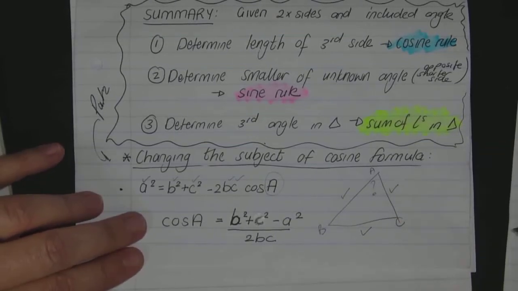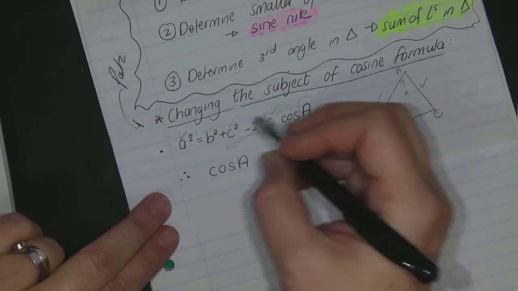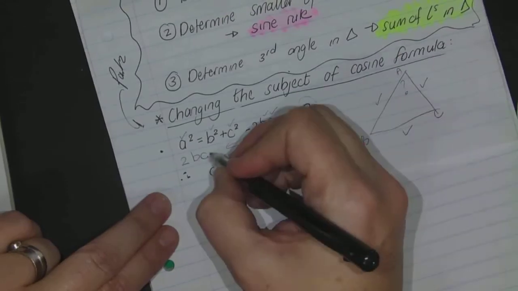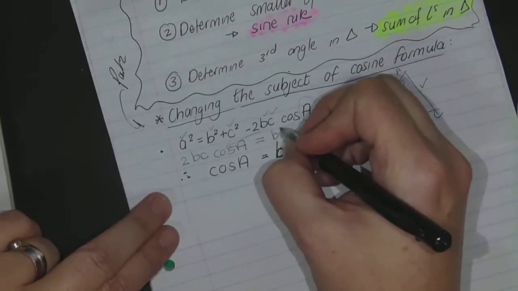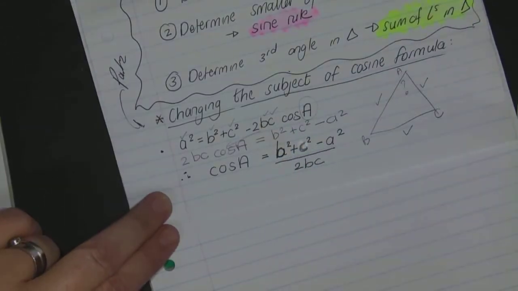You need to realize that if 3 sides are given, I need to rewrite my cosine rule so that I can work out A. So if I move minus 2bc to the left, I will have 2bc cos A equal to, and the a squared will move to the right.